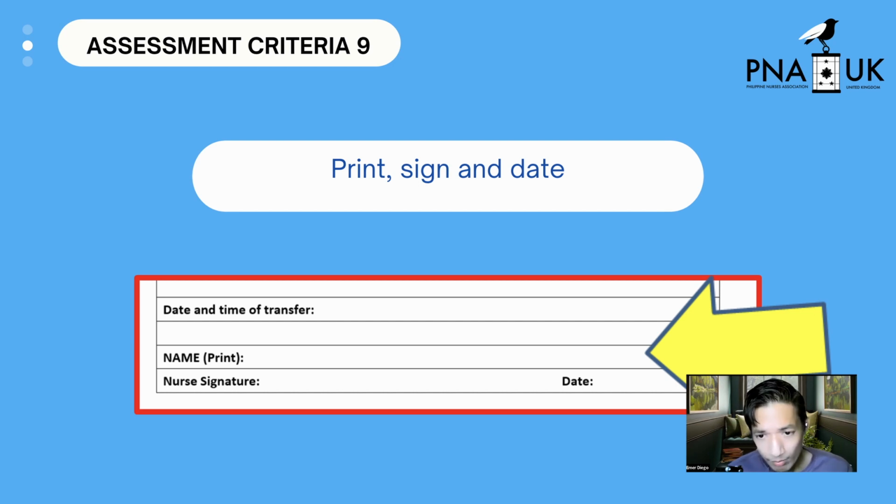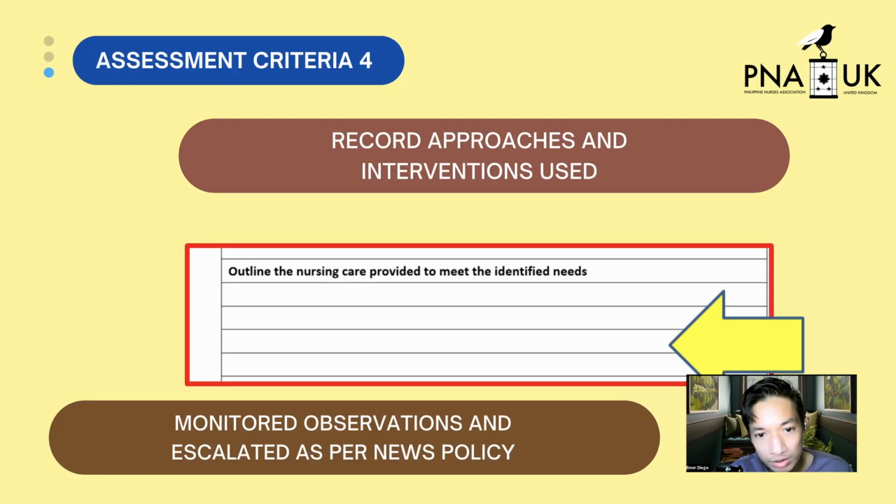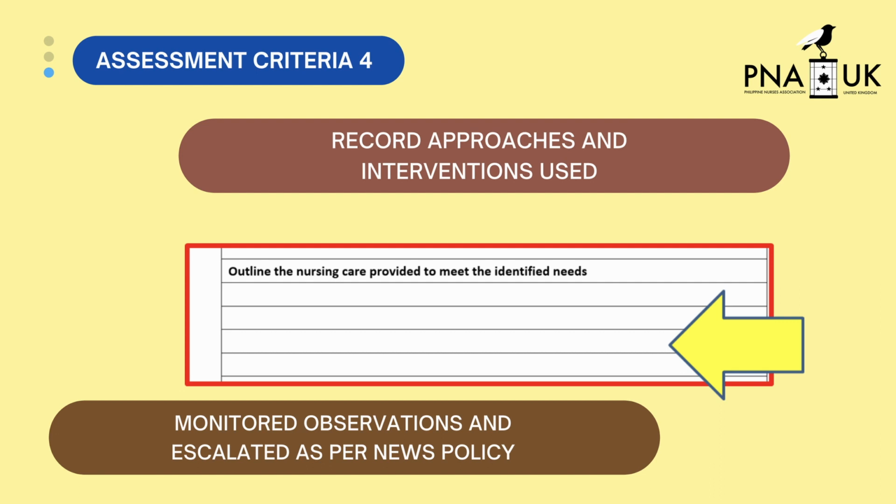Oh, before I forget, the other reason why our candidates are failing this particular section is, let's say, the nursing care provided. Remember our conversation last time with regards to anxiety. Some of you on our last webinar said administer anxiolytics and monitor its effectiveness.